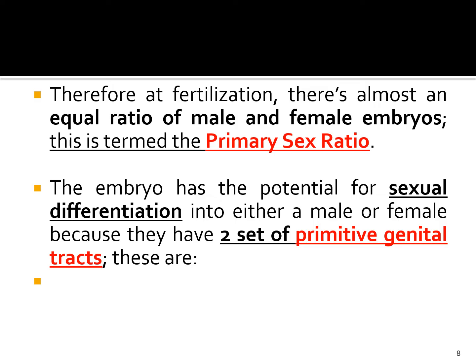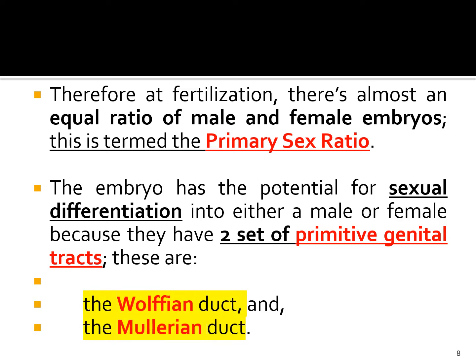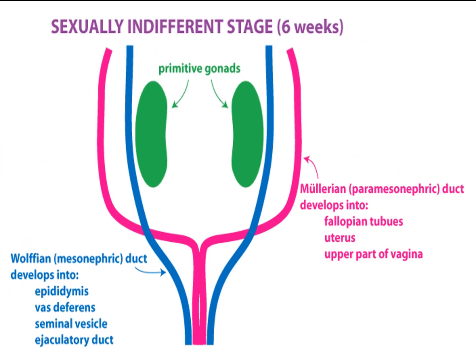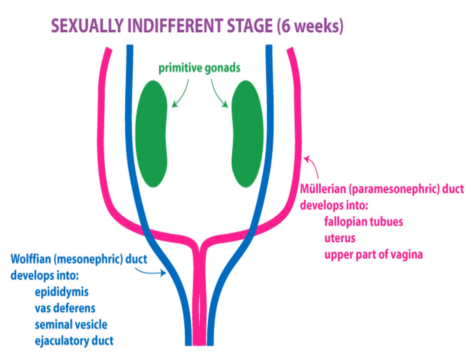The implication is that the embryo has an equal potential for sexual differentiation. It can differentiate into either a male or a female, and this is because it has two sets of primitive genital tracts, known as the Wolffian duct and the Mullerian duct. So at 6 weeks, this is known as the sexually indifferent stage.